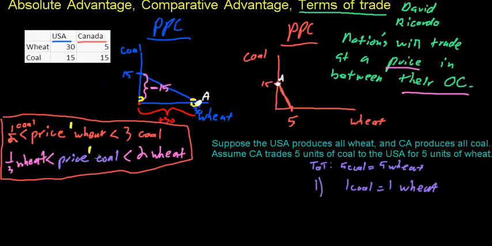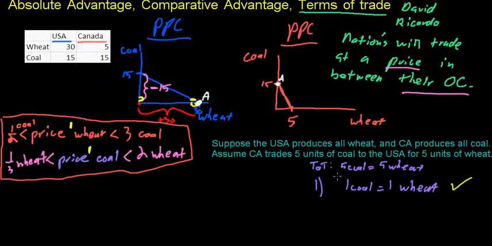The US would have to give up 2 units of wheat to get 1 unit of coal, and here it only has to give up 1 unit of wheat to get 1 unit of coal. So it's getting a better deal also. Just by checking with the opportunity costs, we can see that 1 unit of coal equals 1 unit of wheat are good terms of trade for both nations.